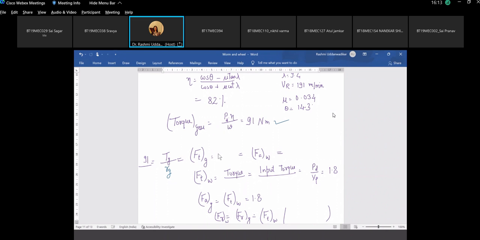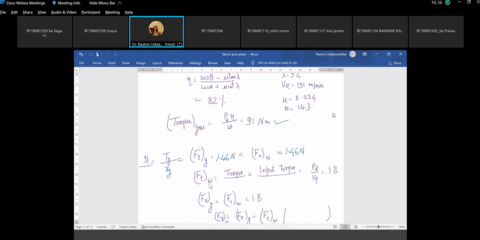And FT for gear, this comes out to be how much? 1.46, I guess. Right, Shravya? Yes, ma'am. Which is also the axial force for worm, 1.46 Newton.